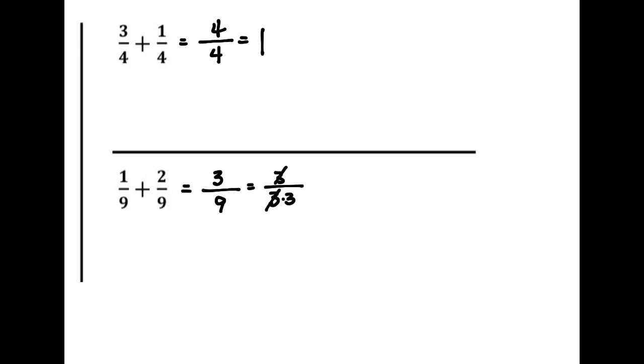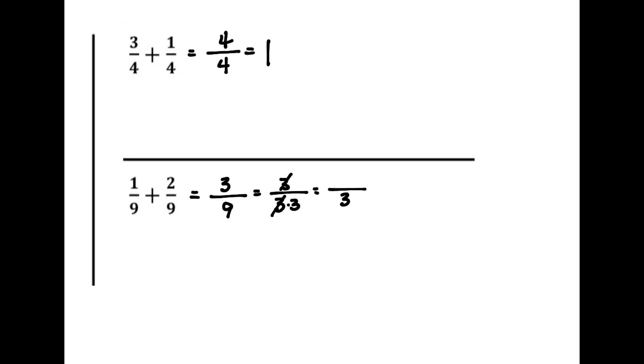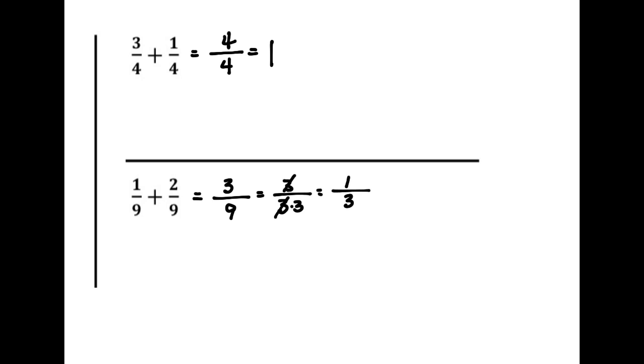A 3 cancels top and bottom. So now you're just left with the 3 on the bottom. Since the top completely canceled out, you need to leave a 1. Because the same reason up here, as 4 divided by 4 is 1, 3 divided by 3 right here is 1. So there's that 1 right there.